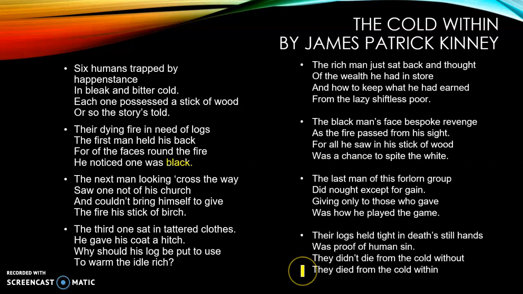So the theme of the poem is that none of the men saw humanity, which means they did not see the other men as human. So they died because they were selfish. I would say the theme of the poem is that selfishness will get you nowhere.